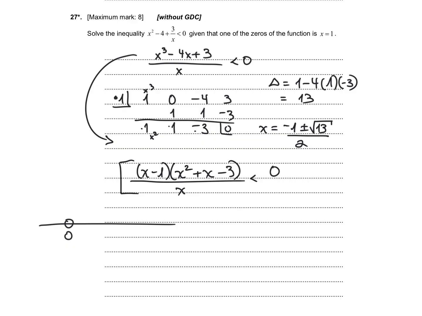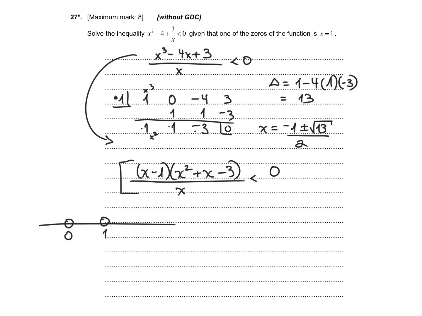So we have the zeros for this are going to be at 0 for the denominator, and then at 1 for the numerator, and then we're going to have negative 1 plus or minus square root of 13 over 2, which, let's see, so square root of 13 is definitely in between 3 and 4, closer to 4.